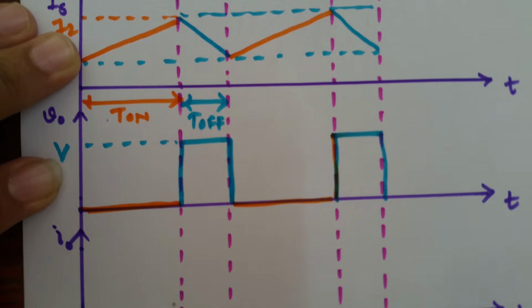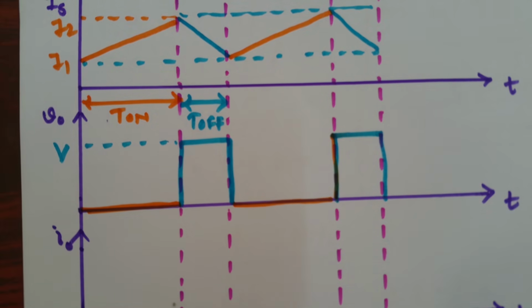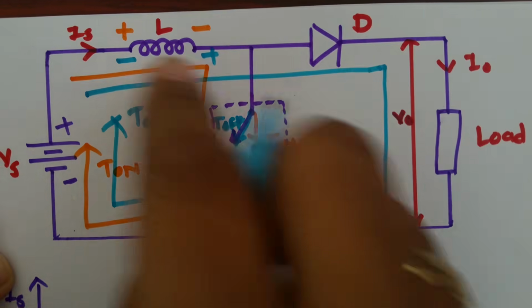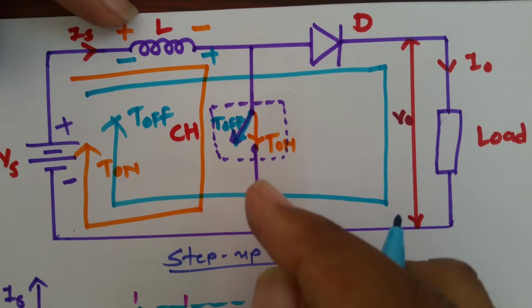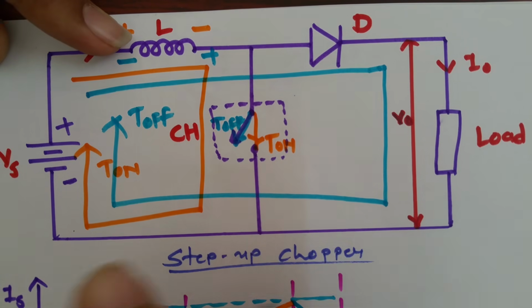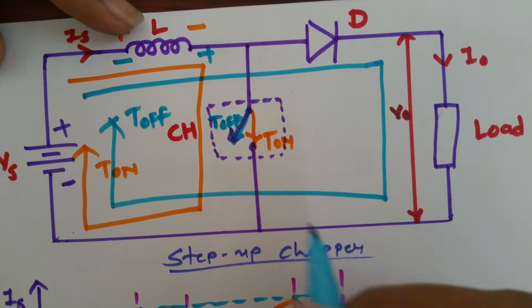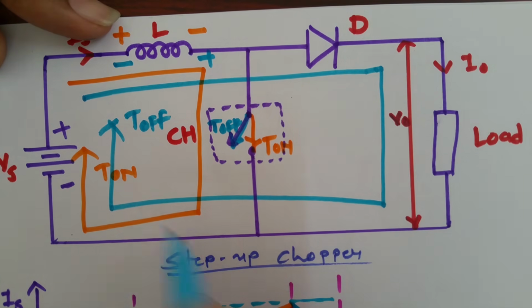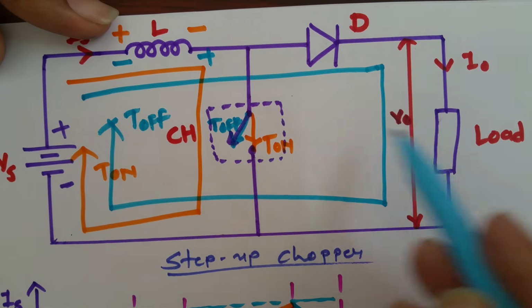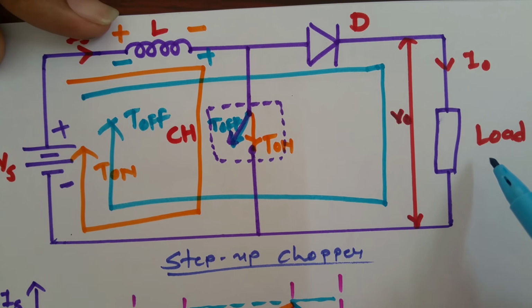Now what happens to the load current? As we see, when this switch is on, load current is 0. Why? The reason is this is short circuit, so complete current is flowing in this path. There is no current in this load.